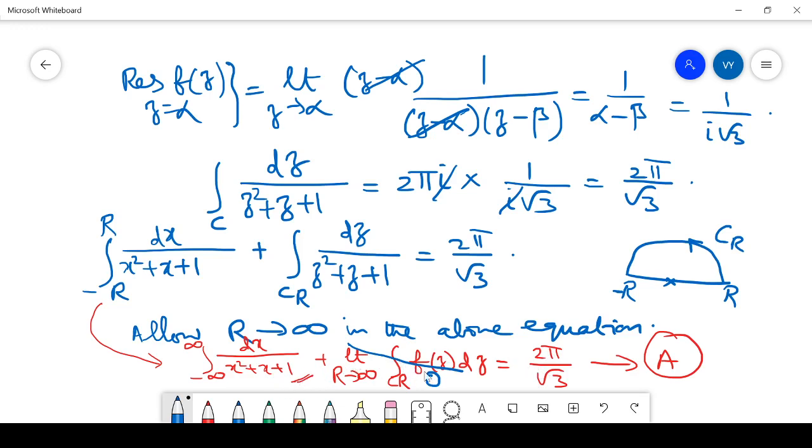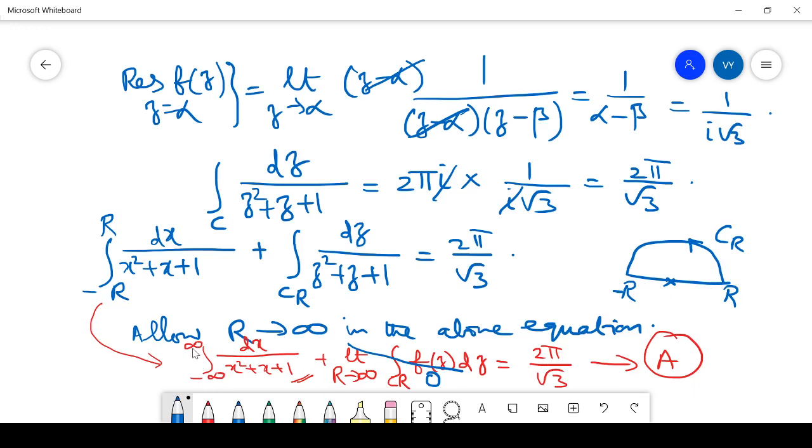So this is the process of evaluating an integral if it is a function of x. You replace x with z and take a semicircle in the upper half of the complex plane as the contour, use the Cauchy residue theorem and evaluate the given integral.